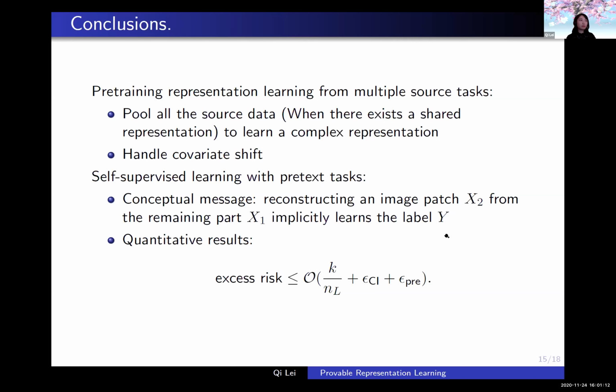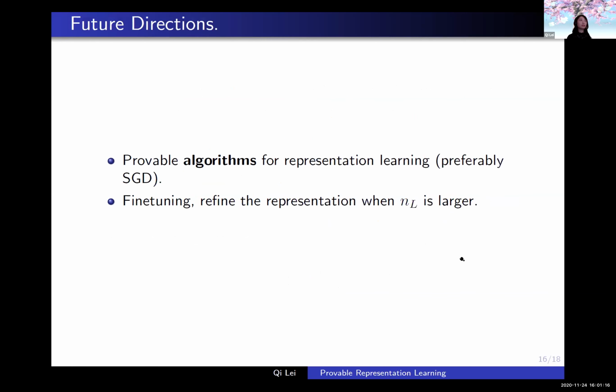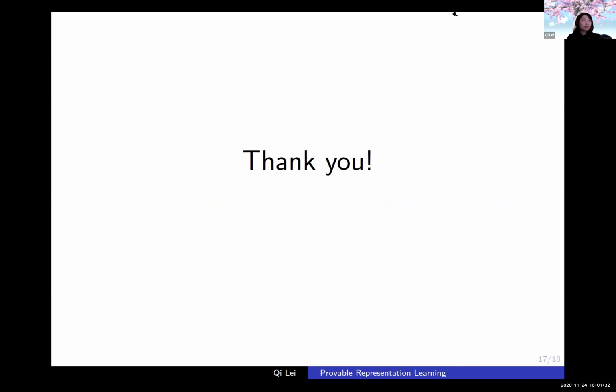And this can help you learn downstream tasks with fewer samples. In the future, we want to design some algorithm for representation learning. And also we want to do fine tuning to refine the representation error when the number of labeled samples is large. And that's all. Thank you.